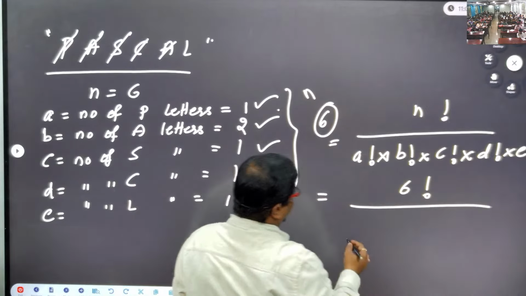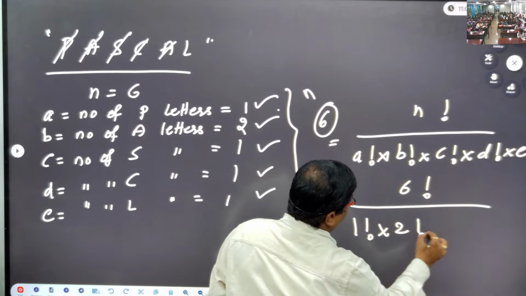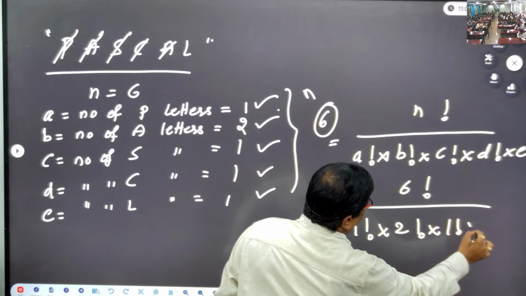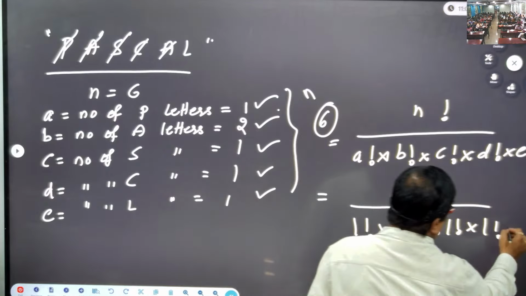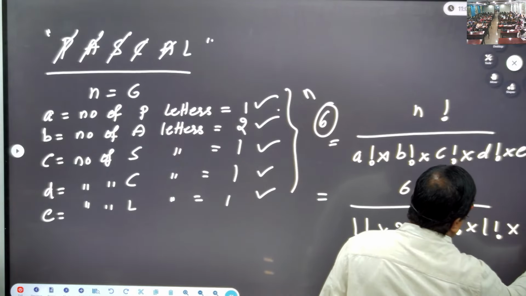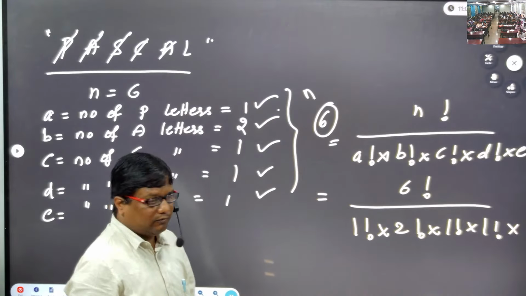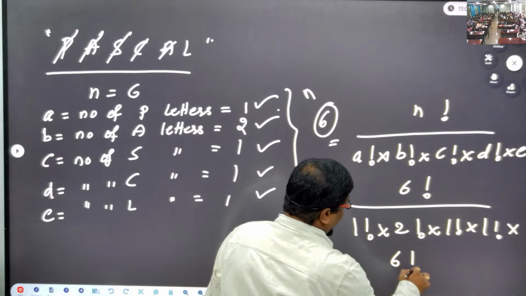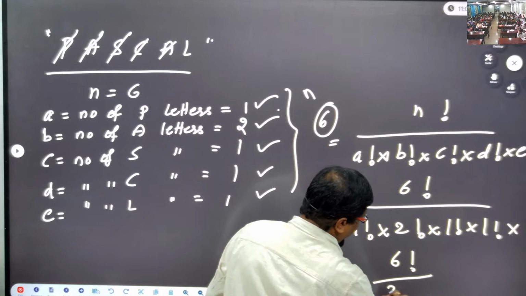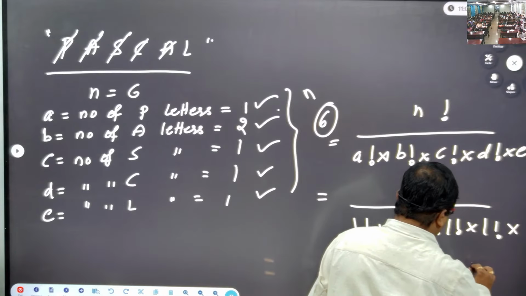What are the A values? 1 factorial into 2 factorial into 1 factorial into 1 factorial into 1 factorial. Right? Now simplify the equation. What is the answer that we are going to get? 6 factorial by 2 factorial.